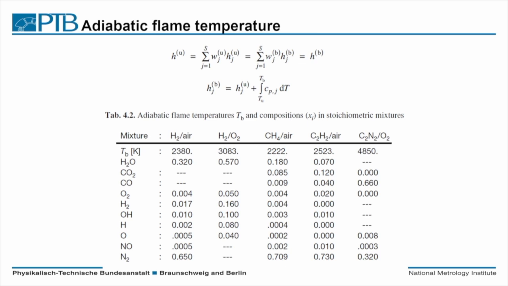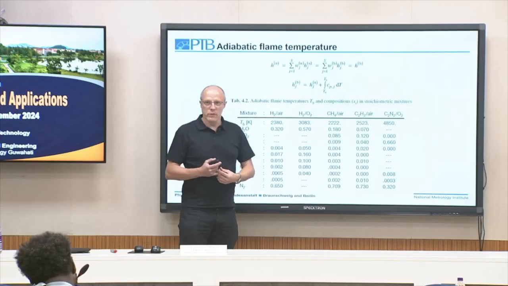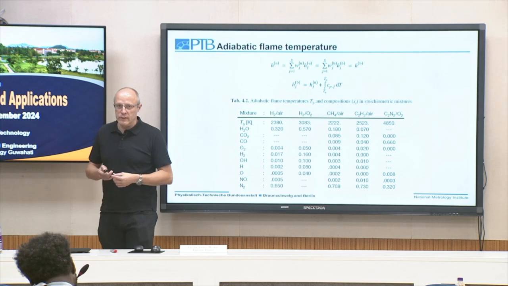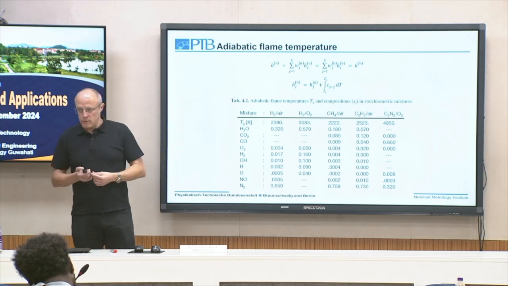H2 with O2 without nitrogen, of course, we yield a much higher temperature, 3000 Kelvin. And here is an example for a classical hydrocarbon flame, 2222 Kelvin. So most hydrocarbons we know have a flame temperature in the range of 2100, 2200 Kelvin, plus minus, of course.